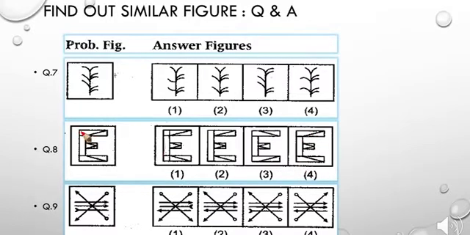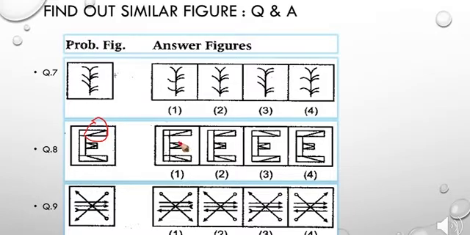So let's carefully check. Let's check about this block, and inside of which there is a line with a certain angle. Let's check that in each of the options. We are talking about this line.